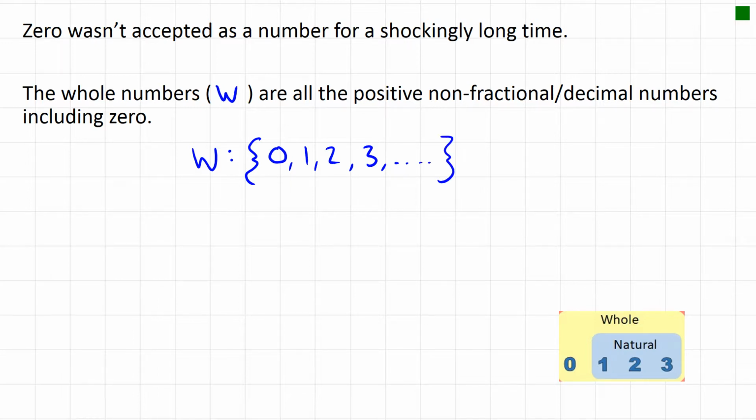That's how we write the set of whole numbers. So what you can actually see is that whole numbers contain all the natural numbers. Everything from 1 onwards is a natural number. And so if you look down here in the lower right-hand corner, whole numbers contain all the natural numbers inside of them.